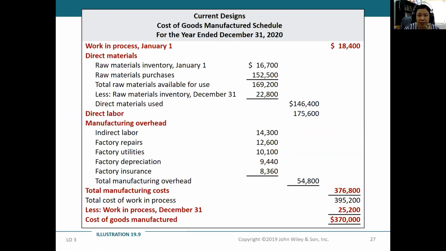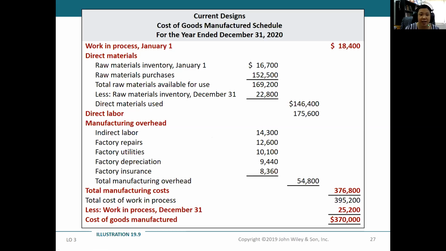Okay. So this is how to prepare a cost of goods manufactured schedule. You can see in my other video how to prepare a cost of goods manufactured. But we will take work in process at the beginning. This is the cost of the products that you are still in process of producing.